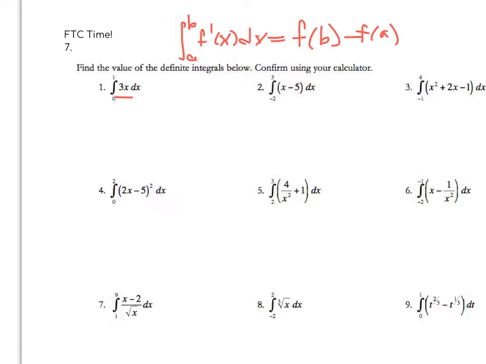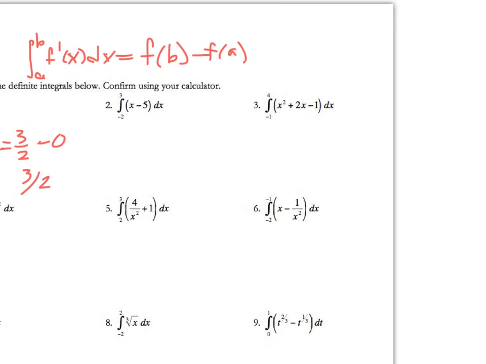Starting with number 1, the antiderivative of 3x is going to be 3x squared over 2. Plugging in 1 and 0 is going to be 3 over 2 minus 0, which is 3 over 2. For number 2, the antiderivative of x minus 5 is going to be x squared over 2 minus 5x, going from negative 2 to 3.